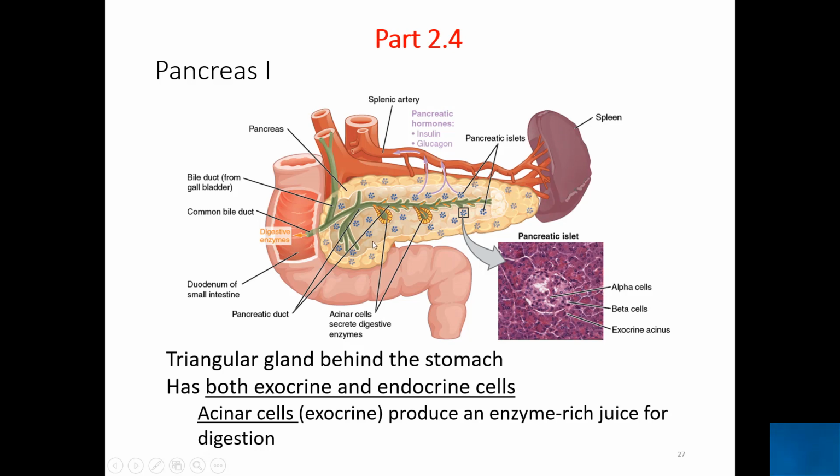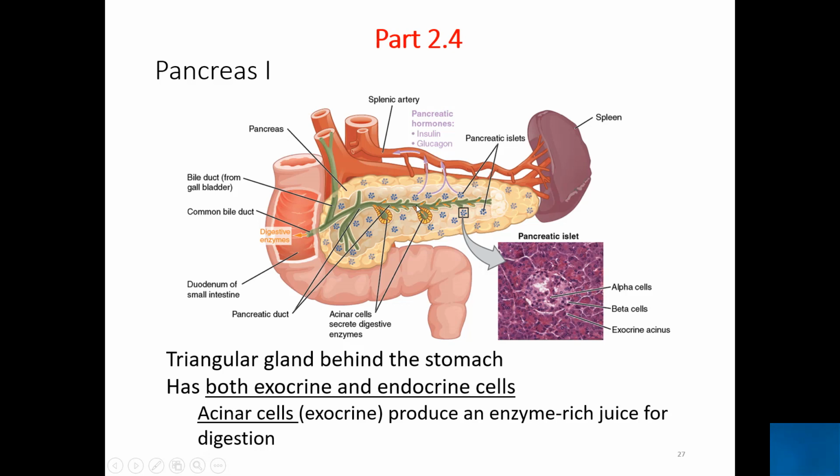And pancreas is an interesting organ, which is not just an endocrine gland, but also an exocrine gland at the same time. There are special exocrine glands inside of the pancreas. They have acinar cells, and those cells secrete digestive enzymes.